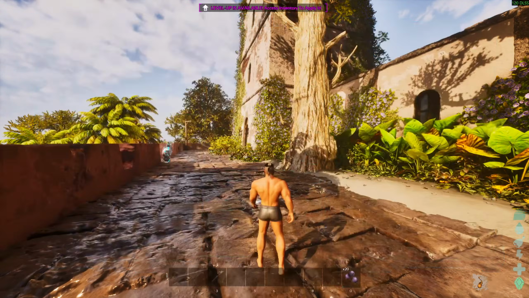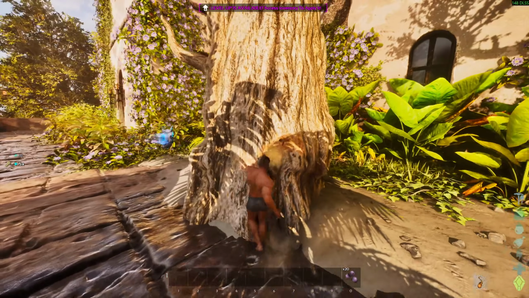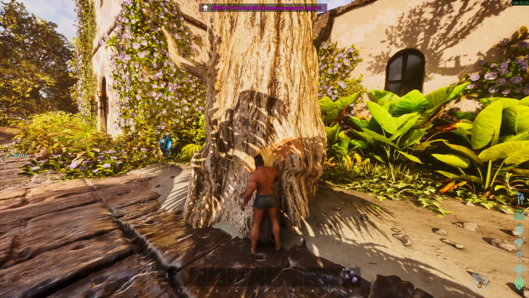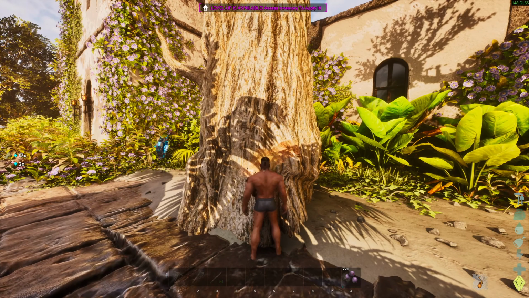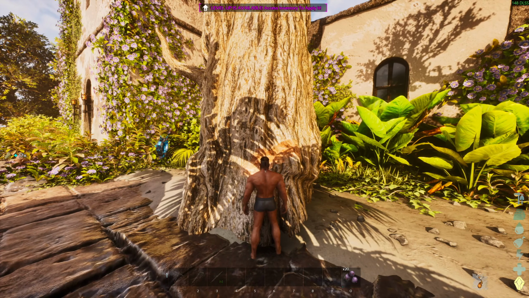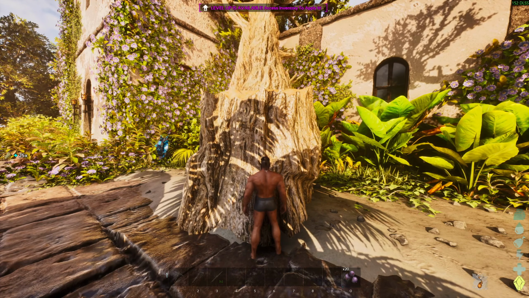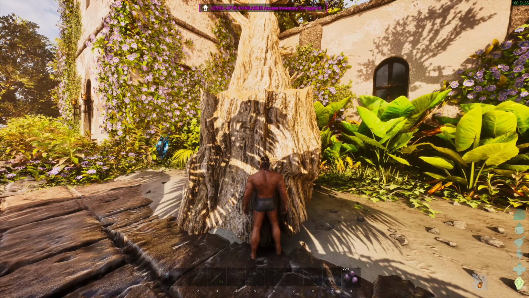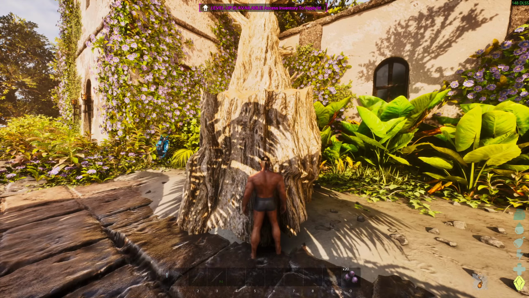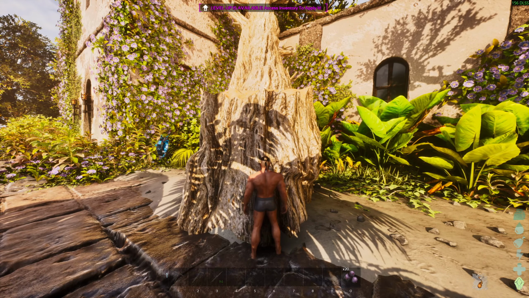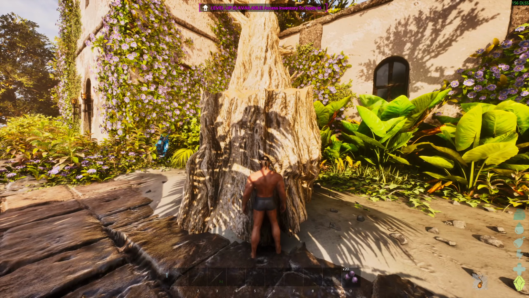Did I get any wood? I have not. Let's just go ahead and punch this tree. How is this looking? Well, you could hear that really bad. How is this looking?